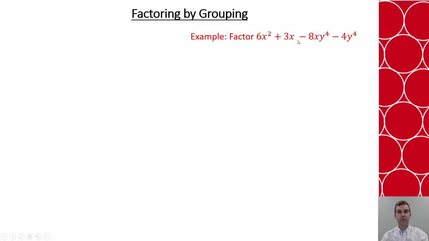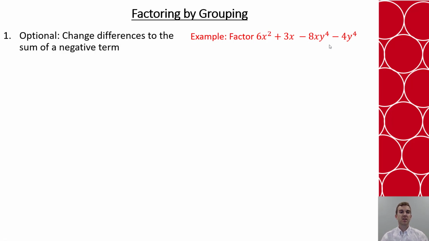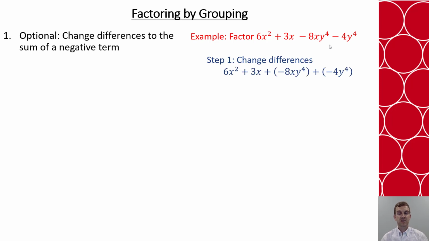Whenever I see a minus, I go through and say, let's change that to plus a negative. So the sum of the negative term. So here, those would become 6x squared plus 3x plus a negative 8xy to the fourth plus a negative 4y to the fourth. It becomes a little bit easier to keep track of what's going on after this.